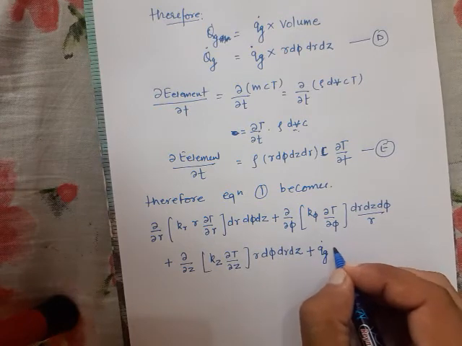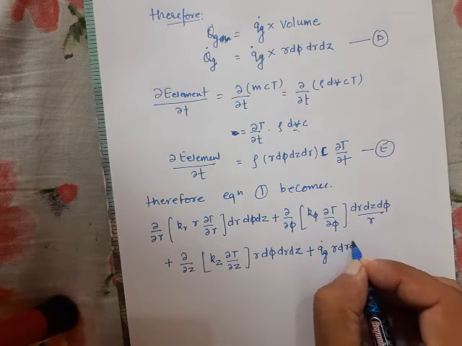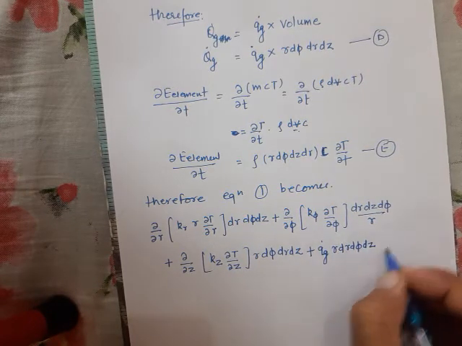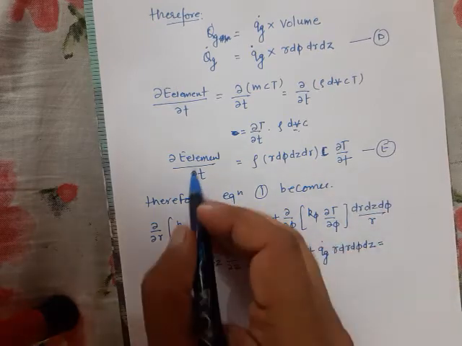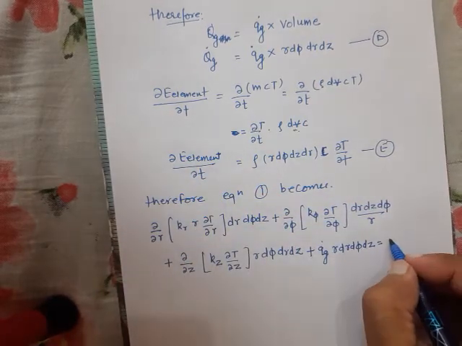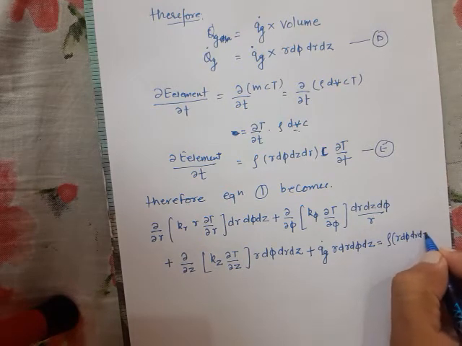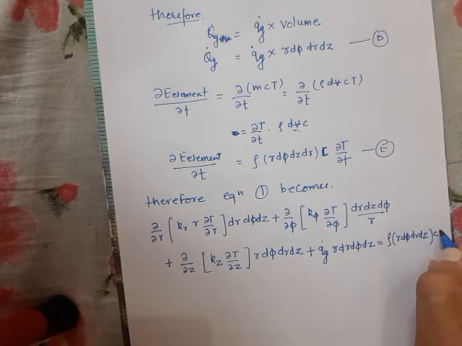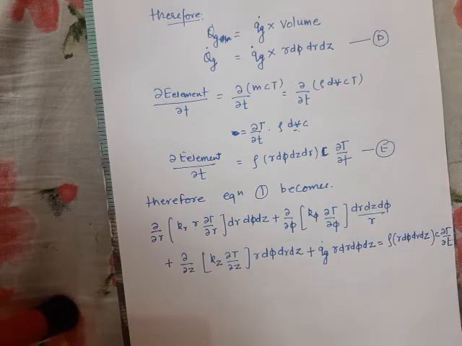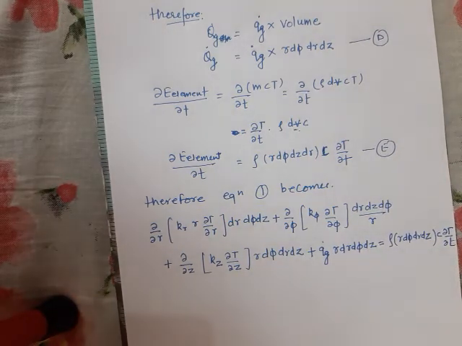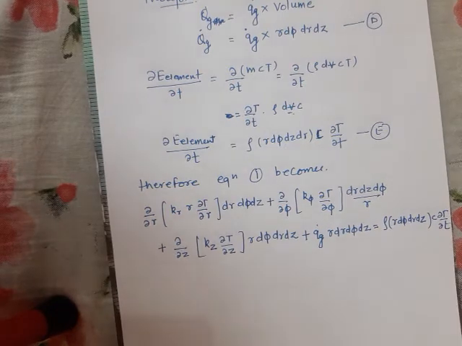We have written rate of heat generation over here, q dot g multiplied by R, dr, d phi, dz, the volume of the element, which must be equal to the rate of change of energy, del E of element upon del T, which is rho R d phi dr dz multiplied by C multiplied by del T. Okay, now I need to simplify this equation.